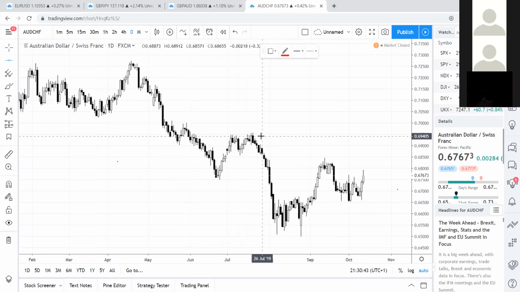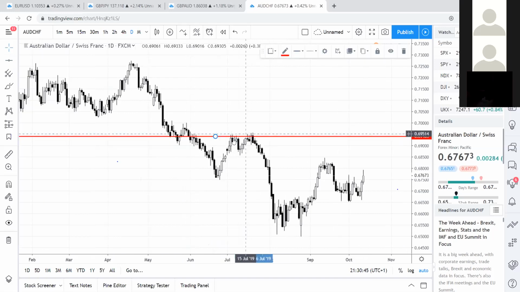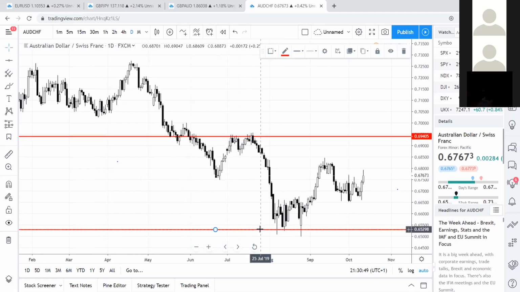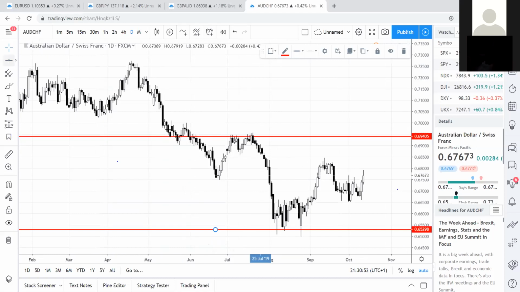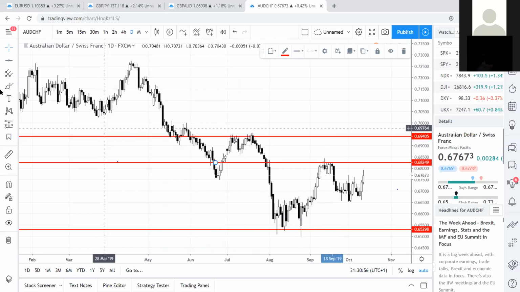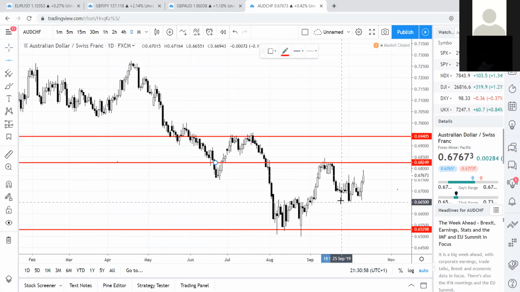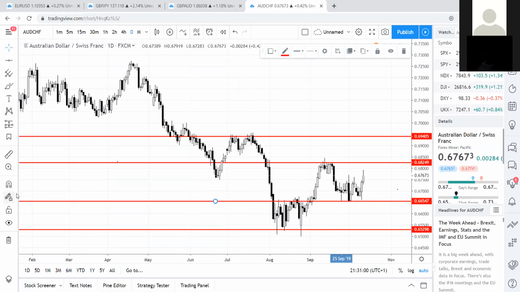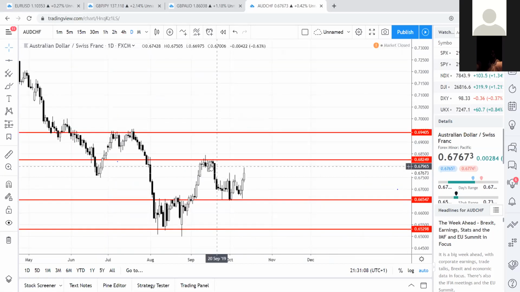This is a resistance, because it got to this point and reversed. This is support. That's the latest one, so price is within this zone of support and resistance.